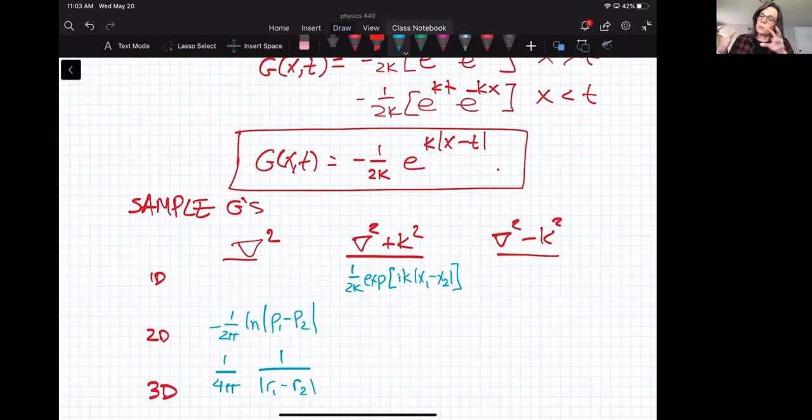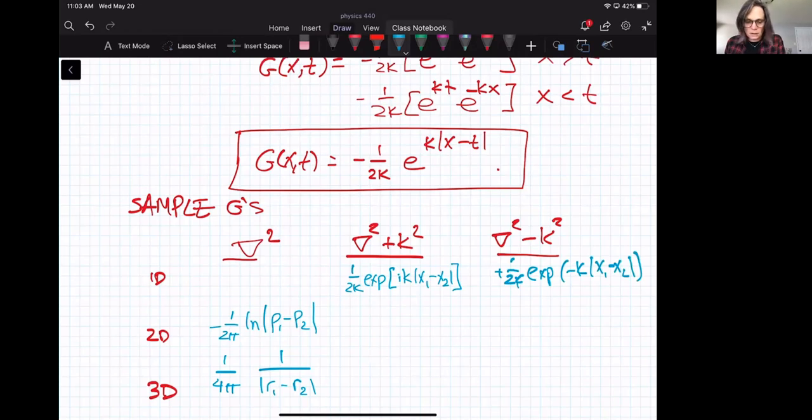This is where we can replace that t, and if you think about how we first developed this, we looked at how a source charge at, say, R2 would affect a charge at R1. So we're changing our t's to basically x1s in this case. And you just solve this guy over 2k exp to the minus k x1 minus x2.